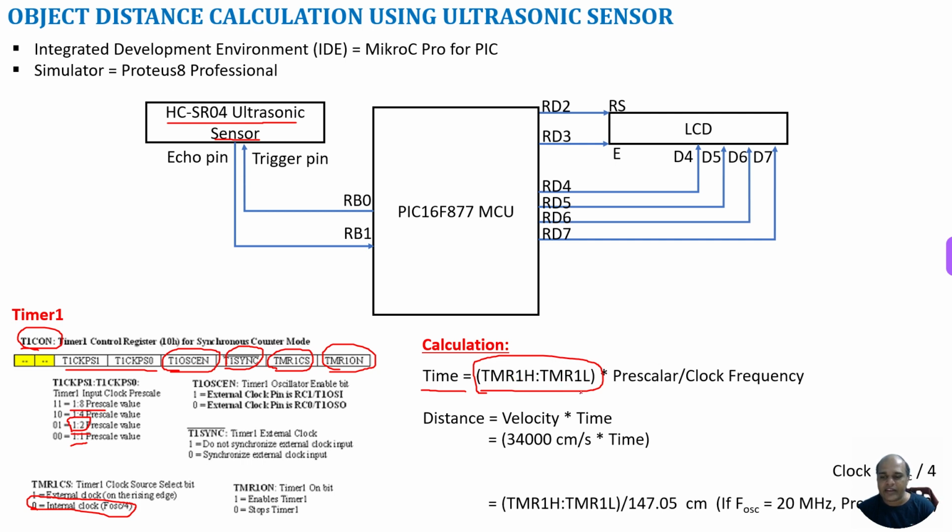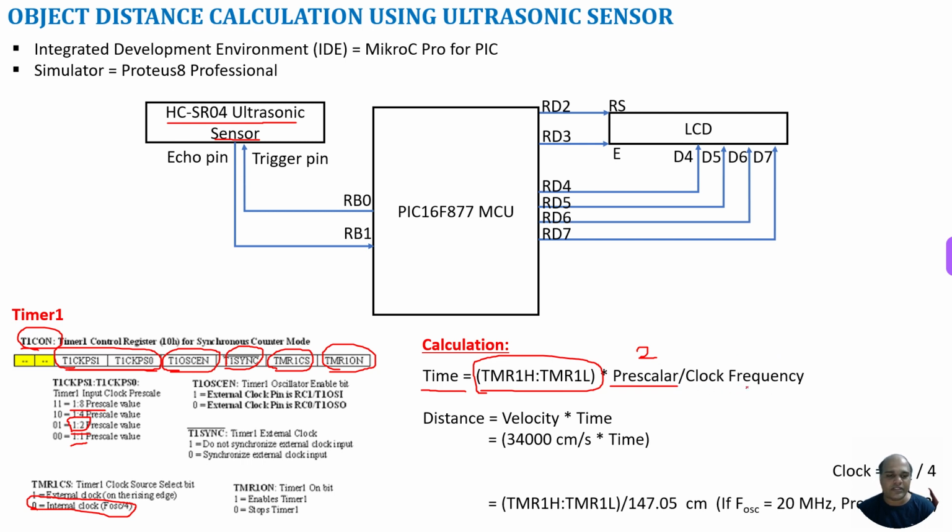If I concatenate both, I get a 16-bit value. This value is multiplied by the prescaler. The prescaler is set with the help of the T1CKPS1 and T1CKPS0 bits, and as I said, I am going to use a prescaler of 1:2. So the prescaler I am going to use here is 2, divided by the clock frequency.